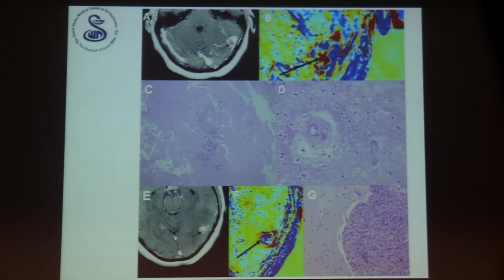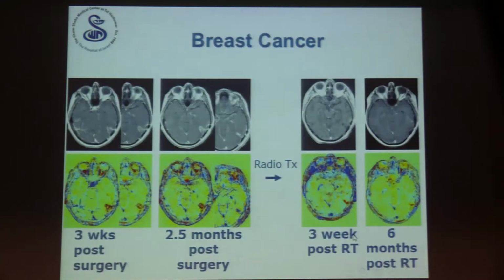And as usual, we asked the neurosurgeon, please take for us a biopsy from the red region, showing radiation necrosis, and from the blue region, showing morphologically active tumor. Here, the patient was scanned 3 weeks post-surgery, and you can see that, as usual, there's an enhancing region surrounding the surgery site.